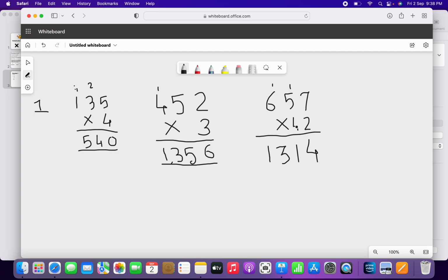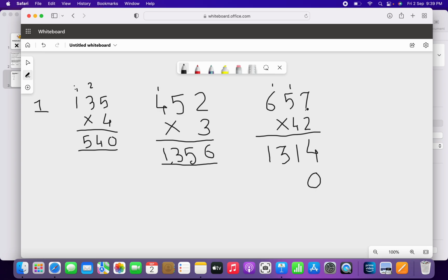So the problem is still not over. What we need to do is multiply the same number by tens. Before we start multiplying, we need to put a 0 here, because you are multiplying from tens. So in the ones position it's 0.